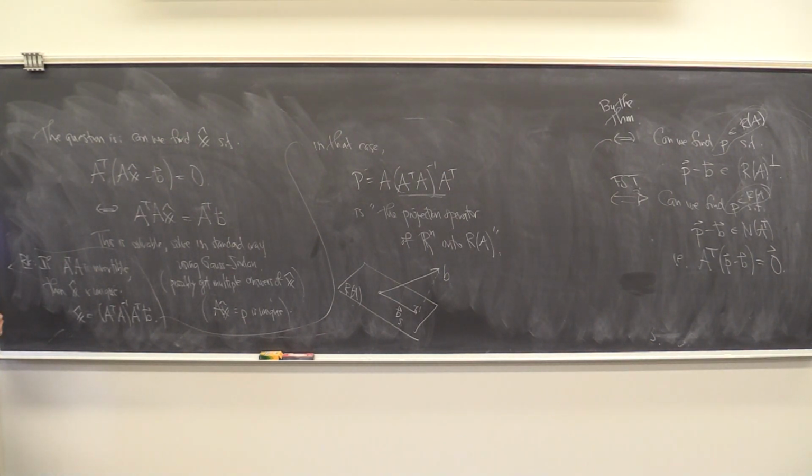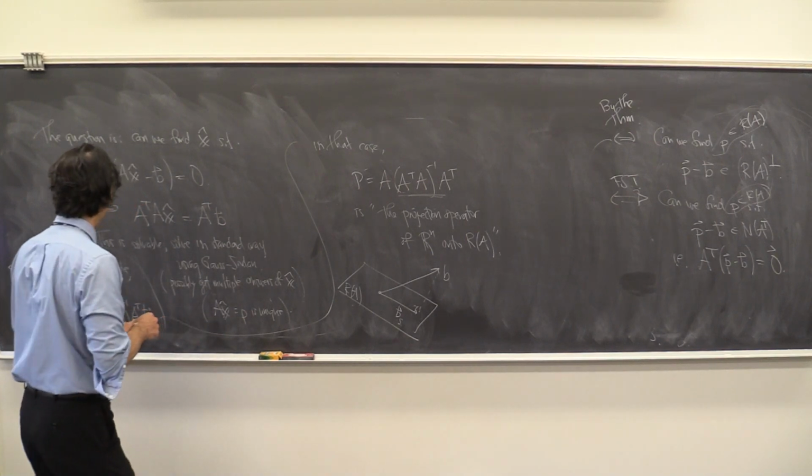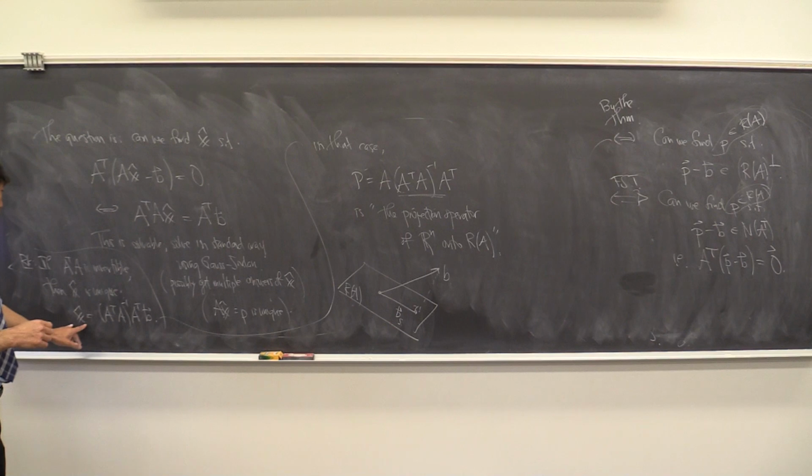If P is A times X hat and X hat has a B at the end, why doesn't capital P have a B at the end? Like if you follow the big arrow you drew, you have P without a B at the end.